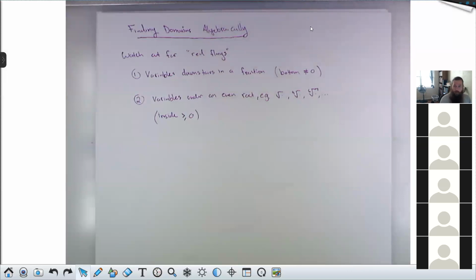There is a third big red flag here that I'm going to add after we talk about logarithms, but we're not there yet. So for now, these are the domain red flags we need to be aware of.